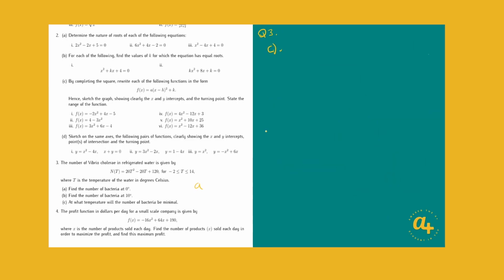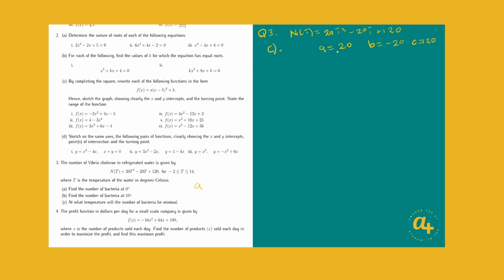Now let's move on to question 3c. Question 3c reads, at what temperature would the number of bacteria be minimal? In other words, what temperature will give us the lowest number of bacteria? We know that our quadratic function is n of t equals 20t squared minus 20t plus 120, and that a is 20, b is negative 20, and c is 120.